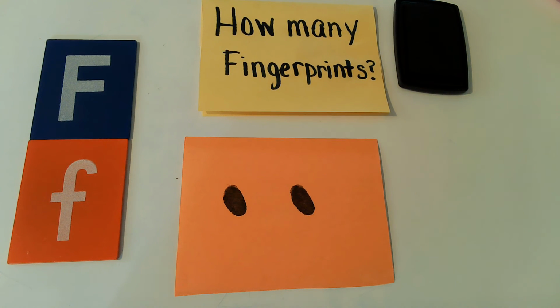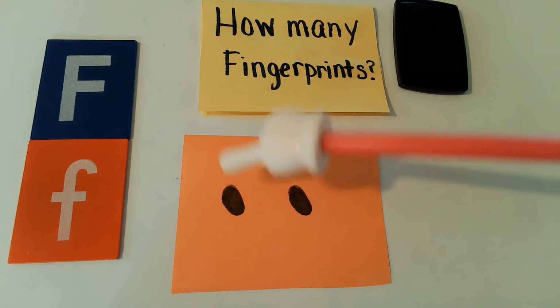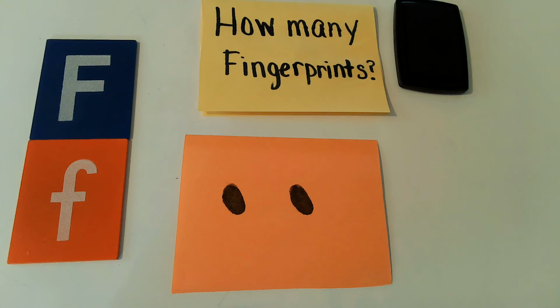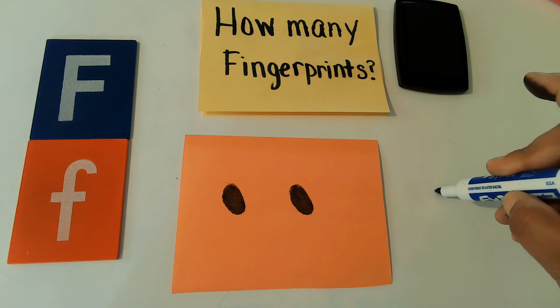How many fingerprints do you see now? Let's count them. 1, 2. There's 2 fingerprints, and the number 2 looks like this.